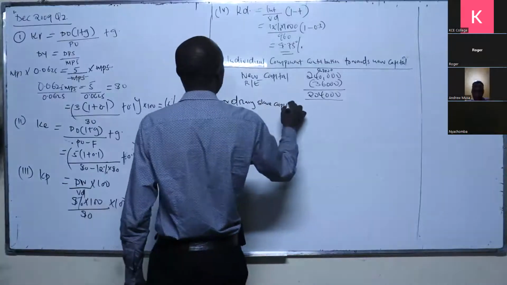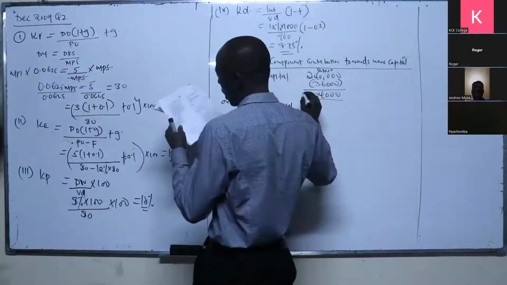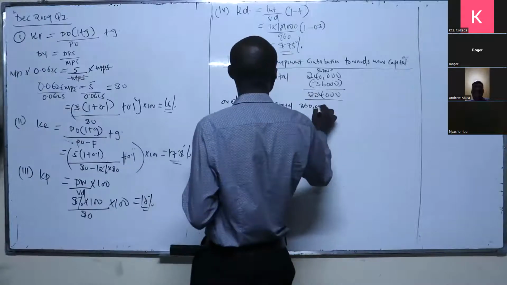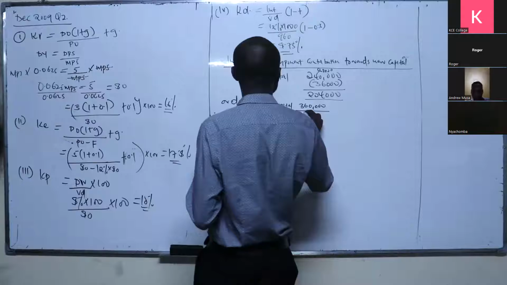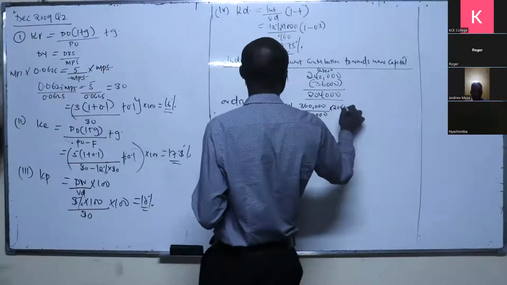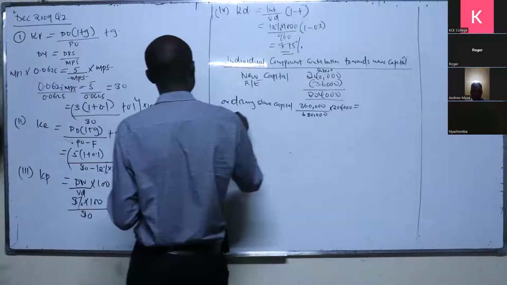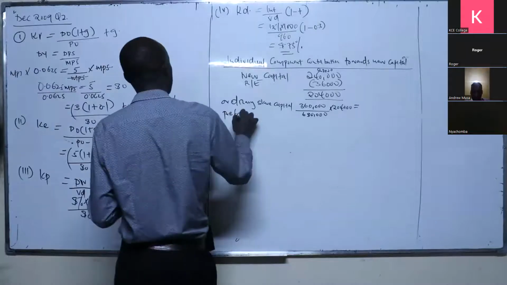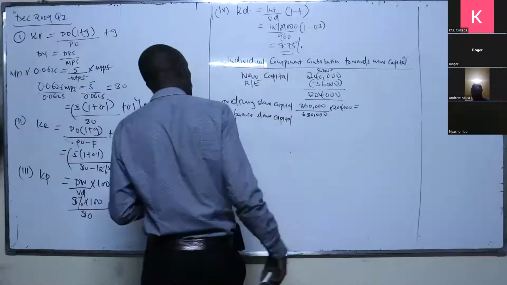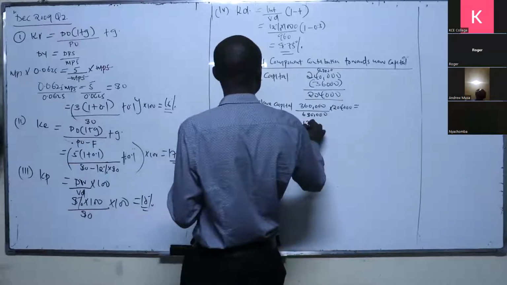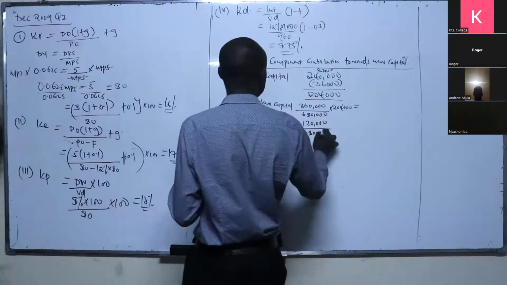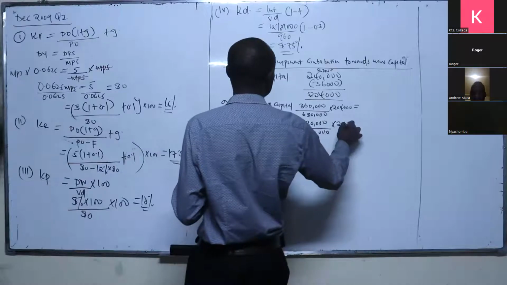So the ordinary share capital is going to contribute 360,000 over 680,000 times 204,000. And then preference share capital is going to contribute 120,000 over 680,000 times 204,000.